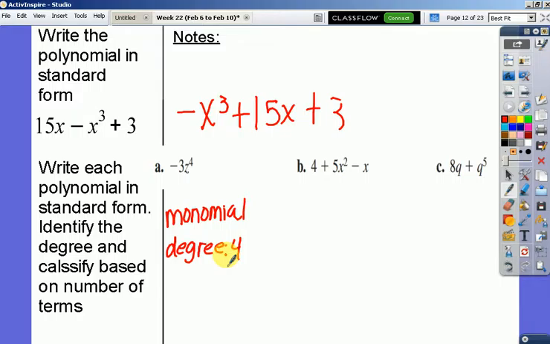All right. Writing this one in standard form. 5x squared minus x plus 4. Leading coefficient is 5. Identify the degree. Okay, so what's our degree? 2. Degree is 2.